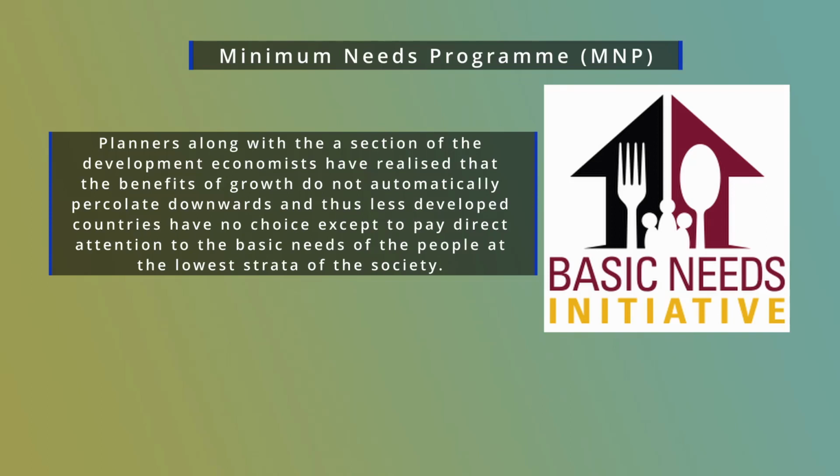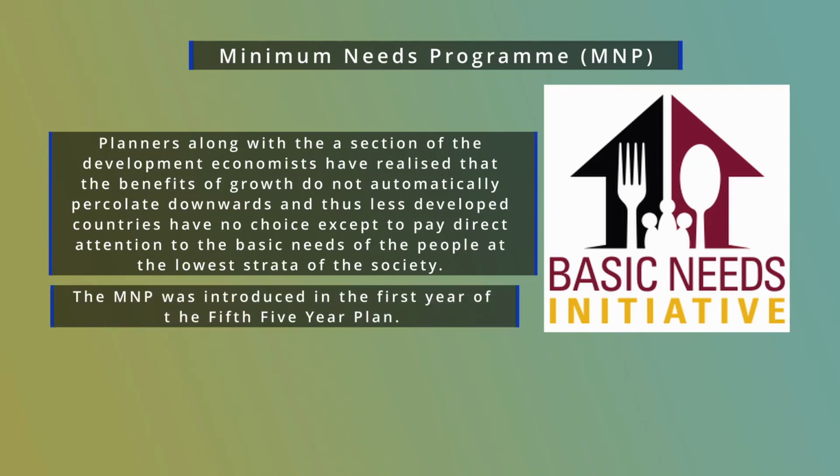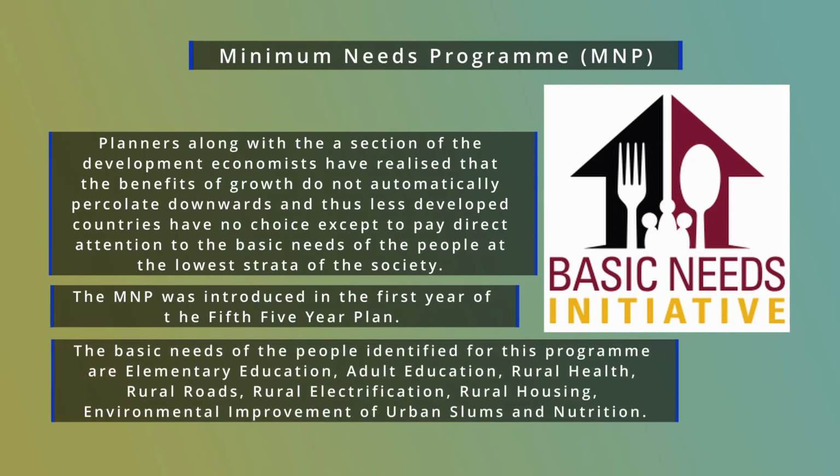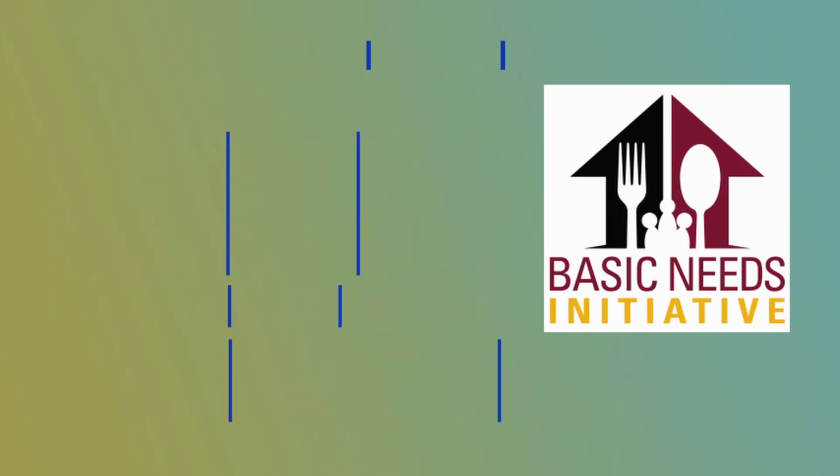Therefore, during the 5th Five-Year Plan, the Government of India introduced the Minimum Needs Program. The basic objective of the Minimum Needs Program is to provide basic services such as education, health, sanitation, drinking water, housing, etc., to overcome the different types of deprivation experienced by households.